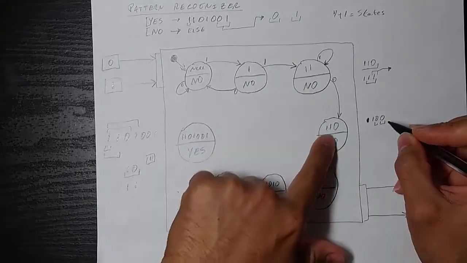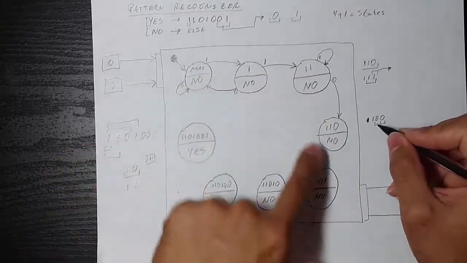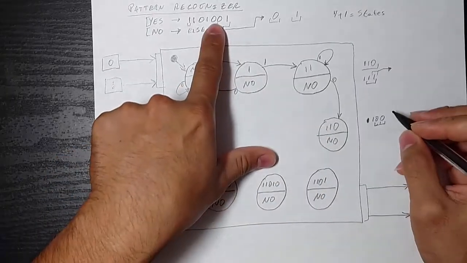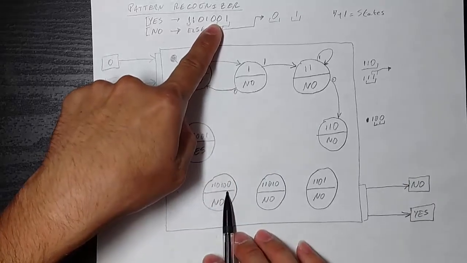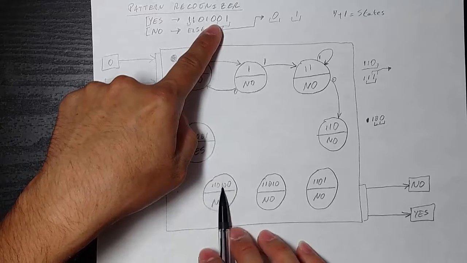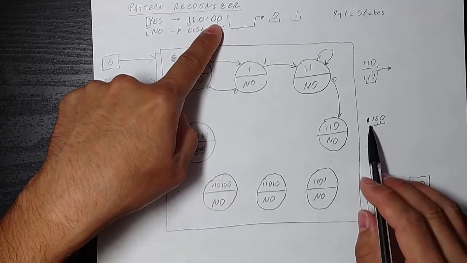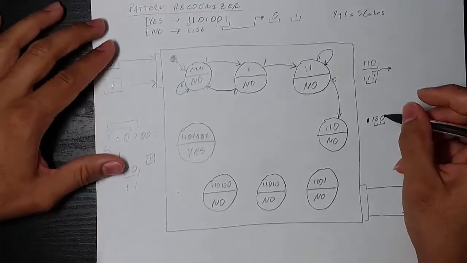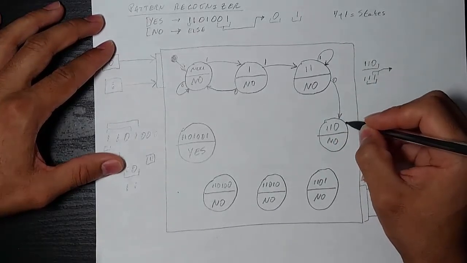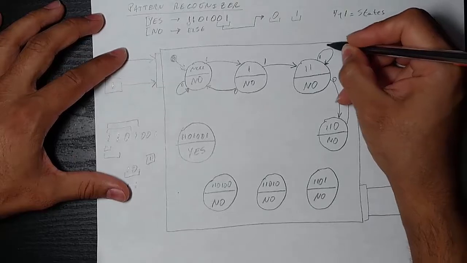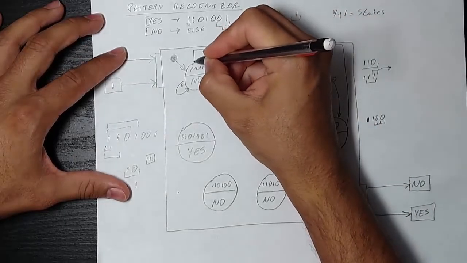Nothing. I start with 0, 0 if we go backwards. Okay. I know we have a 0, 0 right here, but in order to be on that state right here, I need to have the rest of this 1, 1, 0, 1, and I don't have it. So I cannot save anything of here. So if I get 0 over here, I need to go back to my initial state.